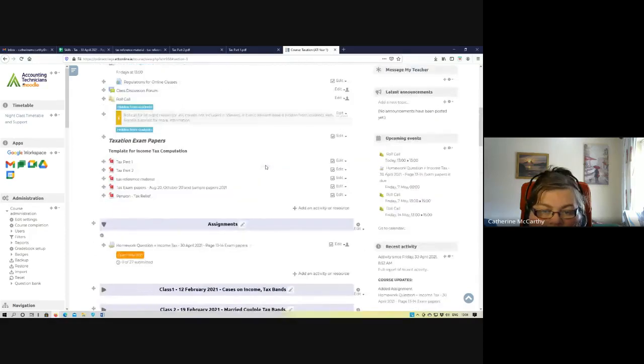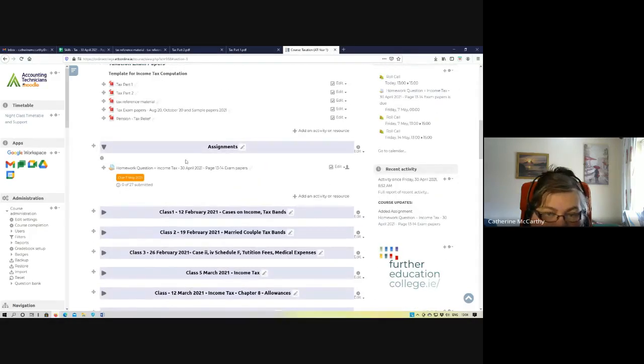Then on top here, I've set up a little page for assignments. These assignments are not compulsory. It's an income tax question, due by the 7th of May, but that's only to put it up there. If anybody wants to do the question and submit it to me, I'll mark it for you. If you haven't got time this week and plan to do it two or three weeks down the line, that's perfectly fine.